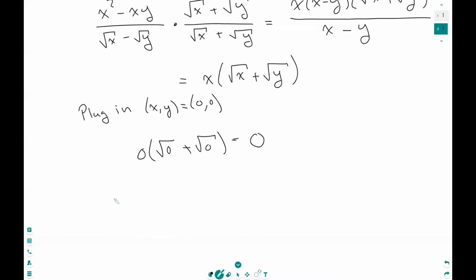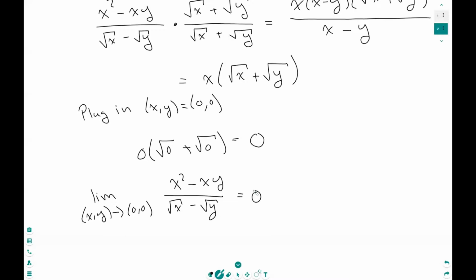So this means even though our function doesn't include the origin 0, 0, the limit as the point x, y goes to 0, 0 of x squared minus x times y over the square root of x minus the square root of y is equal to 0.